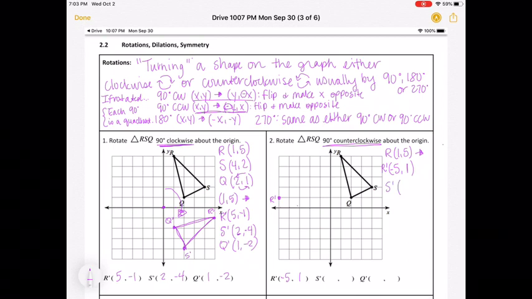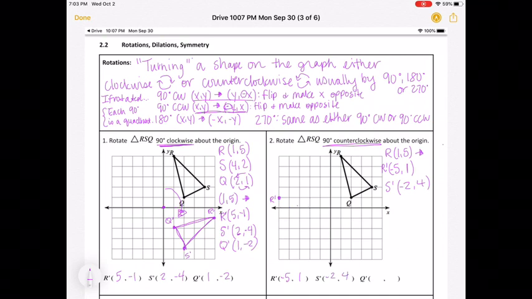Actually, let's take a sec here. Why don't you go ahead and pause and see if you can find S and Q now using that mapping rule. So pause your video, try that on your own. Okay, if you have paused, you should have flipped those. So S became 2, 4, make the 2 negative.